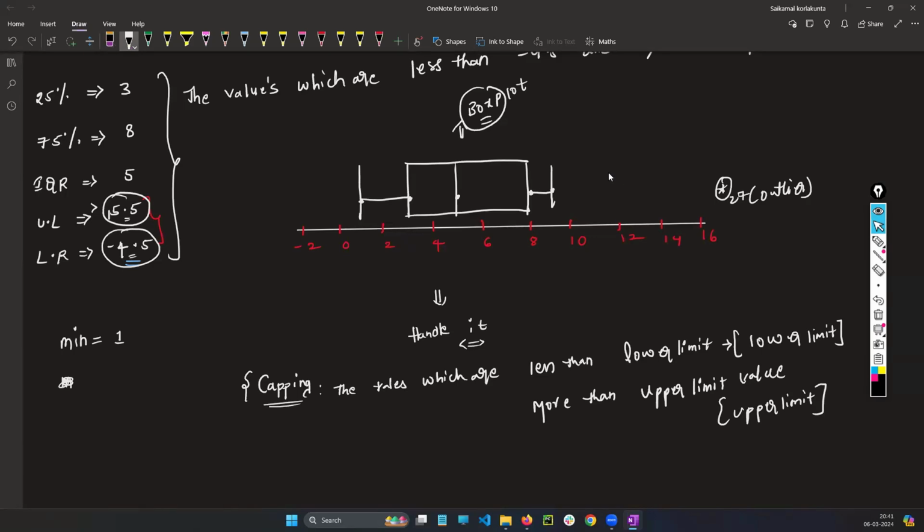If there is any value less than minus 4.5, I will convert it into minus 4.5. 27 is a point which is more than 15.5, so I will convert this into 15.5. Now 27 becomes 15.5, so do you have the outlier? No. So we are going to convert the values.